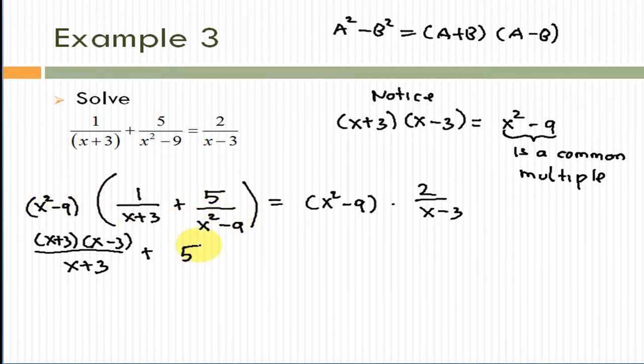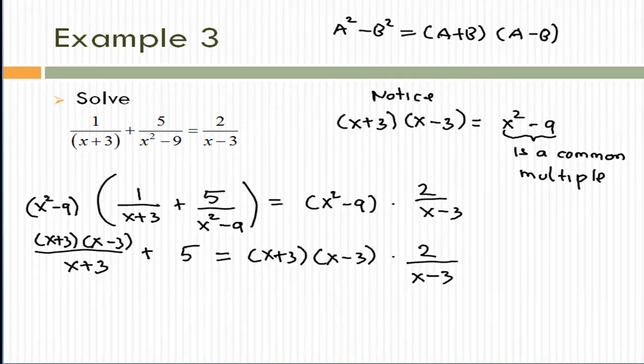So plus 5 is equal to, again we can change this into that, x plus 3 times x minus 3 times 2 divided by x minus 3. Okay, let's see what terms we can cancel. This x plus 3 divided by x plus 3 is 1. This x minus 3 divided by x minus 3 is also 1.